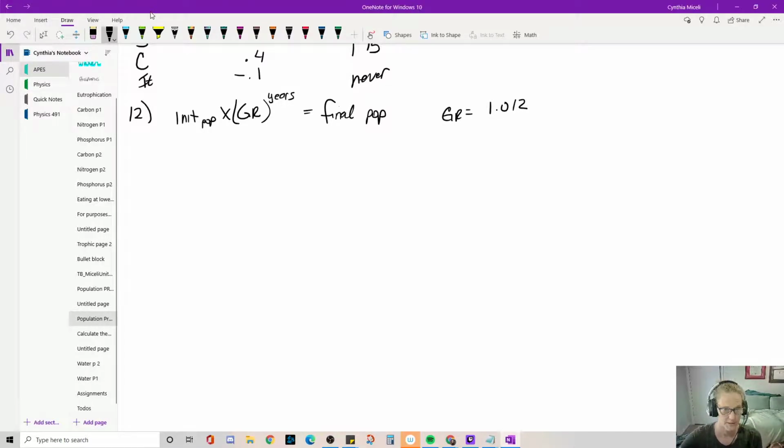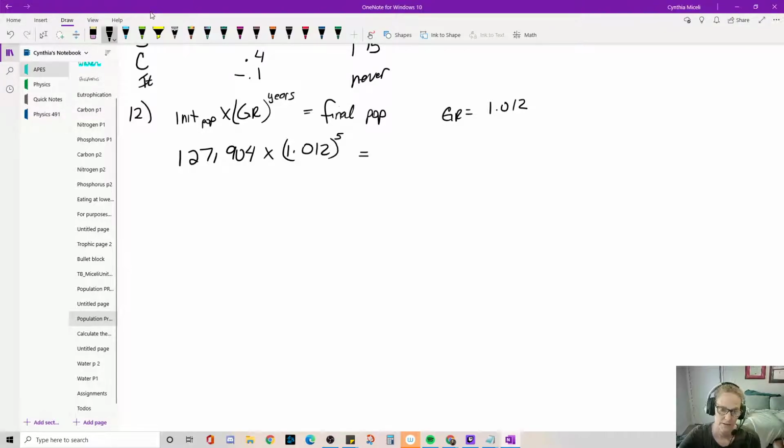Okay, so I'm going to take the population they gave us, 127,904, times the growth rate, 1.012 to the power of, and it asked at first, I think it was 5 years, so this is to the 5th power.